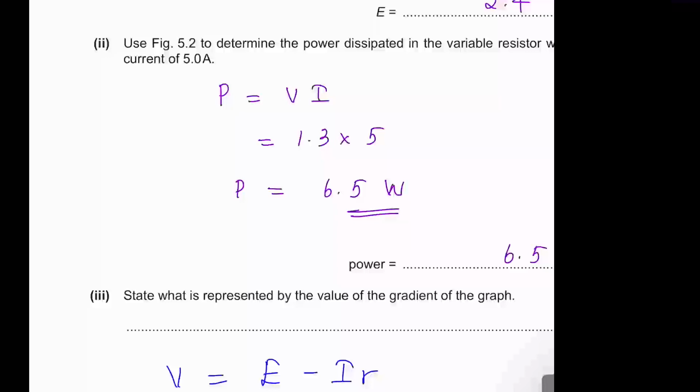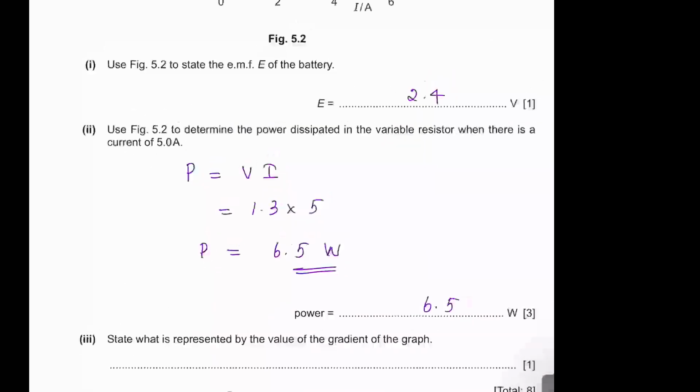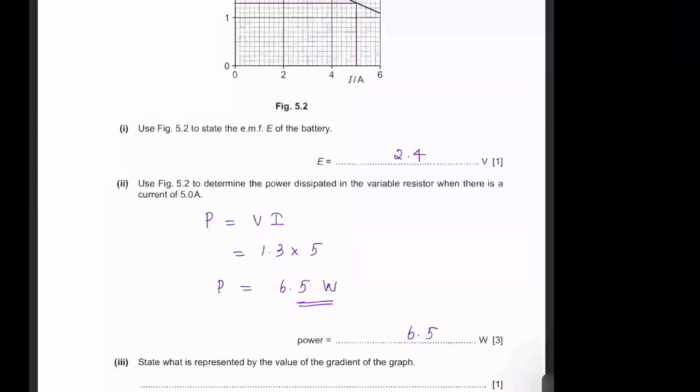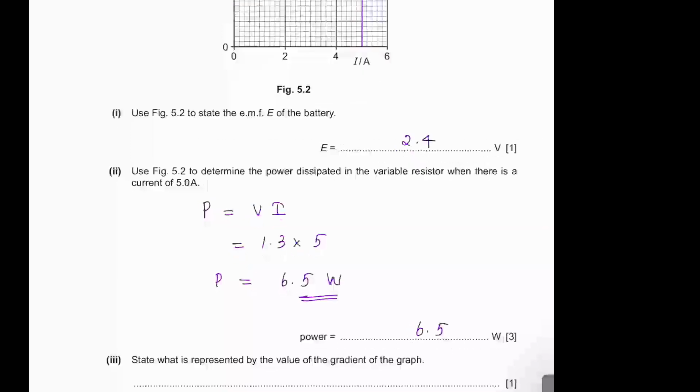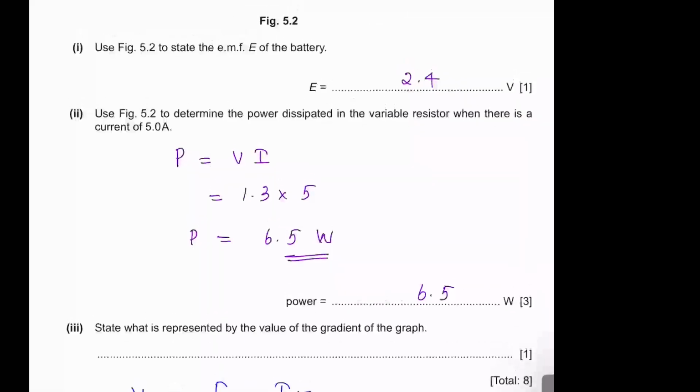So it's y equals mx plus c. So the gradient of this graph is equal to what? Negative of the internal resistance, isn't it? You can say it is the negative of the internal resistance.